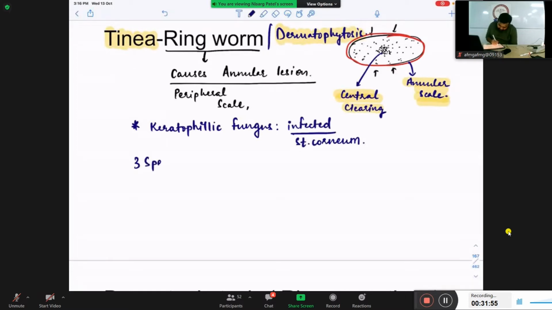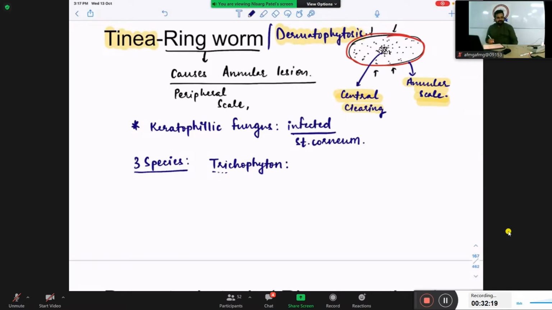The three species which commonly cause tinea or ringworm. The first is Trichophyton. Now tell me, what are the keratin containing organs in our body?